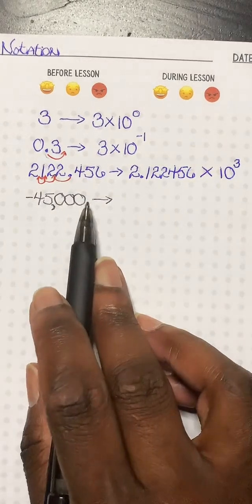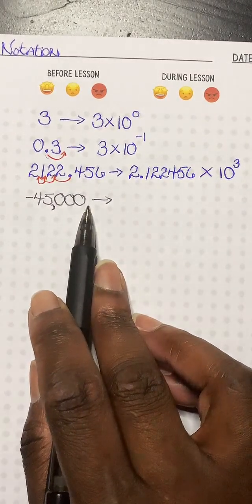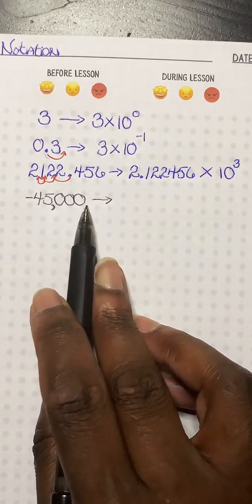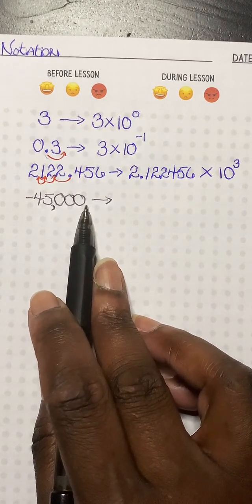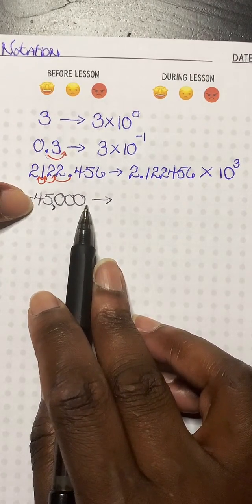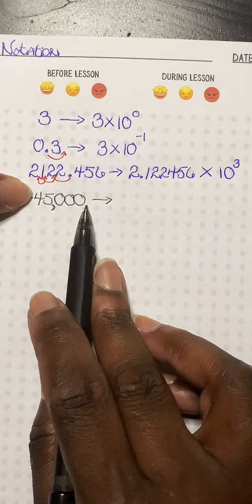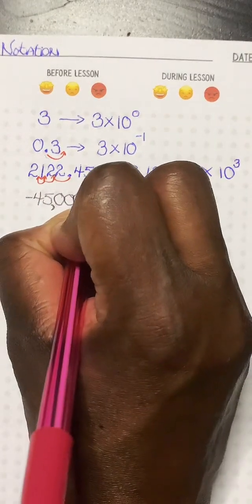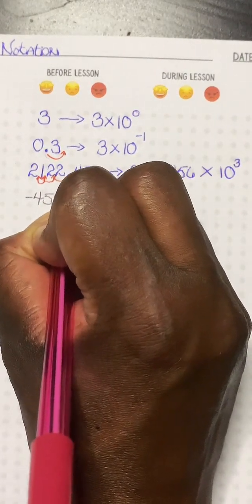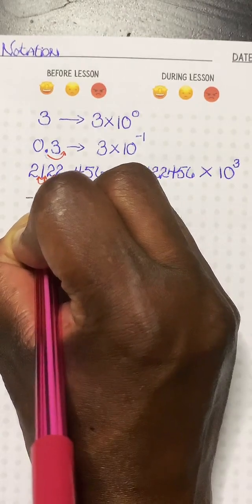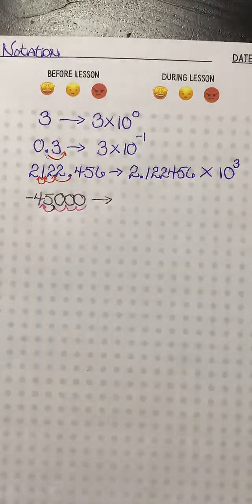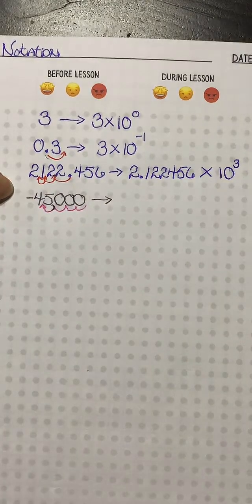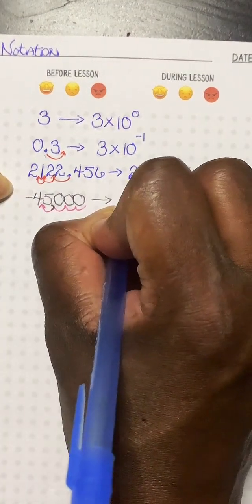So if it's not seen, the decimal is going to be back here. Now we want that decimal to end up in between the 4 and the 5. So we really have to take a look at how many times we're moving it. 1, 2, 3, 4 times. That means you're still keeping the negative. That negative doesn't go away.